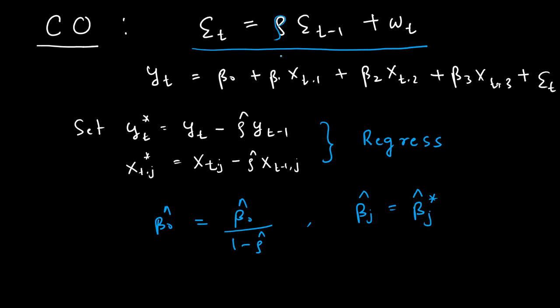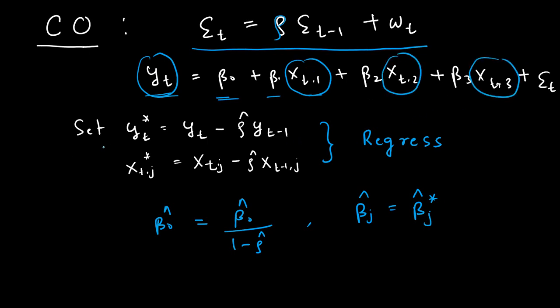So we just need to do some sort of a transformation. Well, what transformations are we doing? The original equation is like this: yt is beta naught plus beta 1 xt1, beta 2 xt2, and so on. So we'll do the transformation of both the dependent variable and each one of these independent variables.